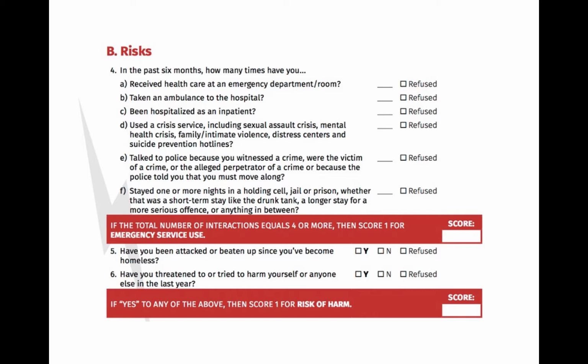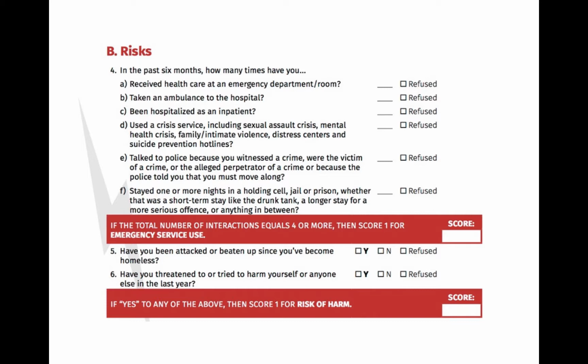You could say since the fall began, but you want to put a time frame to it to help your clients remember 6 months back.